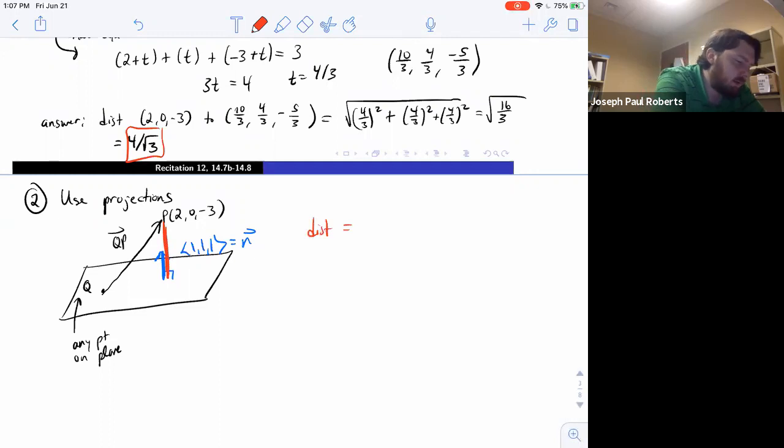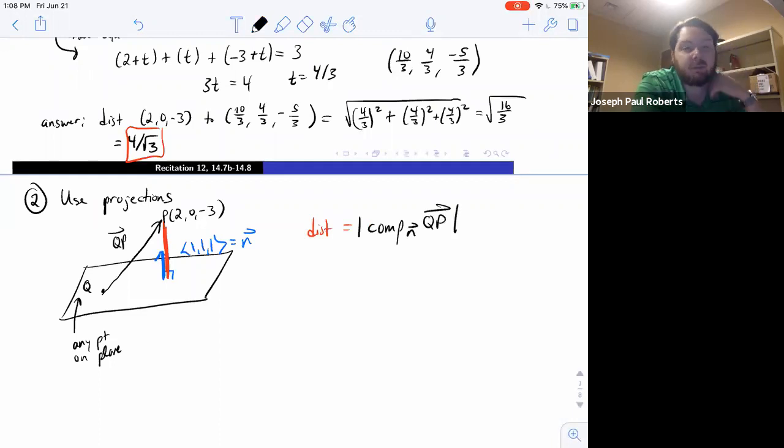And so that's the absolute value of the scalar projection onto the normal vector of this displacement vector QP. So if I remember, the scalar projection can be positive or negative depending on if your vectors make an acute or obtuse angle, but we want distance to be a positive number, so we'll take the absolute value of the scalar projection.